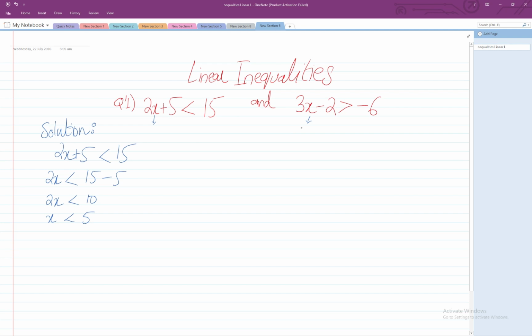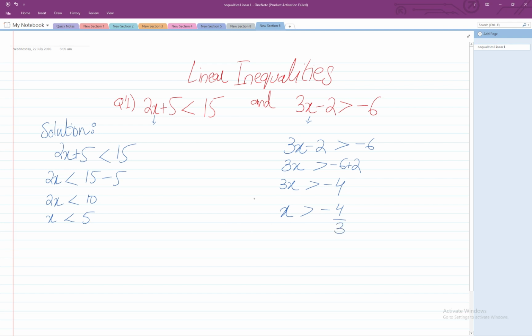Now in the same way, if we solve this question, 3x - 2 is greater than -6. So 3x is greater than -6 and plus 2. That is 3x greater than -4, and x is greater than -4/3.